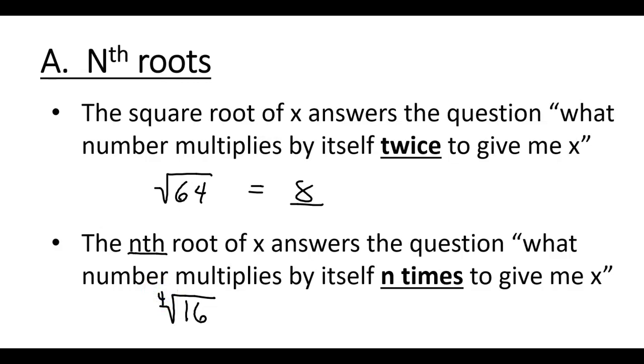And so square root answers what times itself makes 64. This is asking what multiplies by itself 4 times to make 16. What number would you multiply by itself 4 times to get 16? Does anybody know? 2. And that's what an nth root is. So it's just a different kind of root.